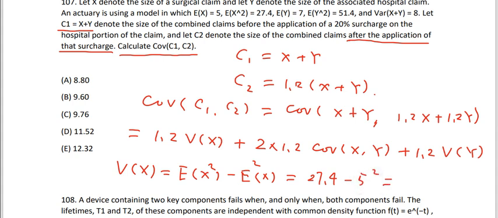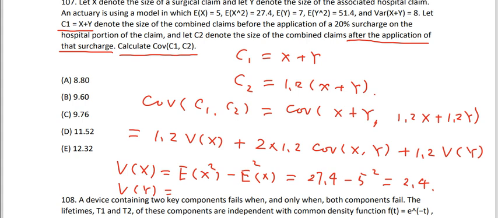So we can find Vx: 27.4 minus 25, so 2.4. In the same way we can find Vy. We know E of y squared and we know E of y. Then we just need to find the covariance for x, y.